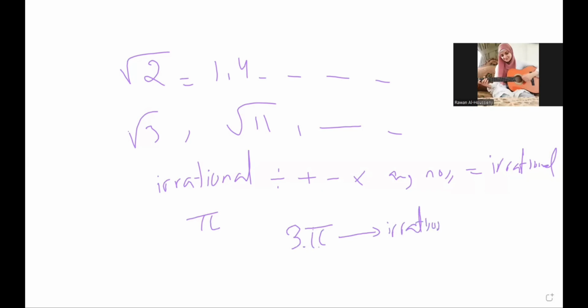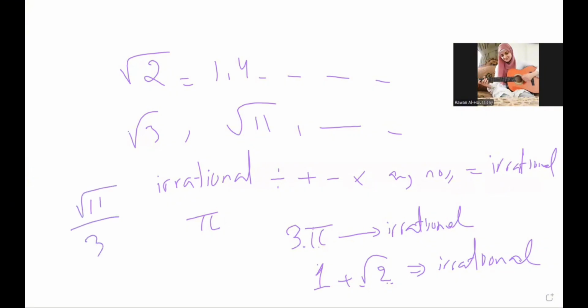Another example: 1 plus radical 2. Radical 2 is an irrational number, and if we add it to 1, it's still an irrational number. Also in the case of subtraction, multiplication or division, it's the same. For example, radical 11 is an irrational number, so radical 11 divided by 3 is still an irrational number.